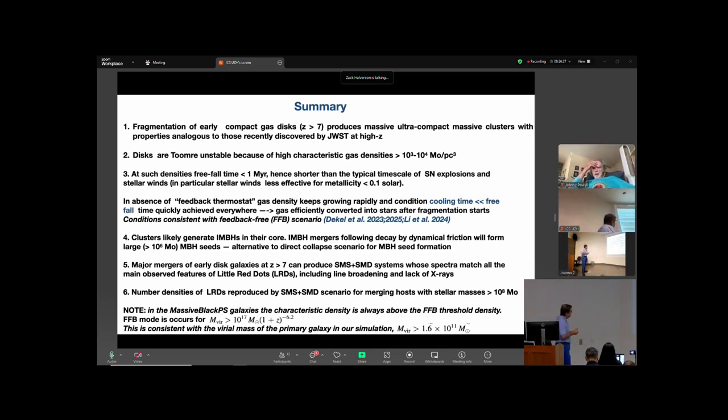So the bottom line is we think these early disks that are gas-rich and have very short dynamical times, because of the very high density and very high compactness, are the origin of many of the phenomena that we are seeing now in the high redshift observations of JWST, the star clusters, the little red dots, because they are also a consequence of this very high density generating gas inflows that produce the supermassive stars at the center.